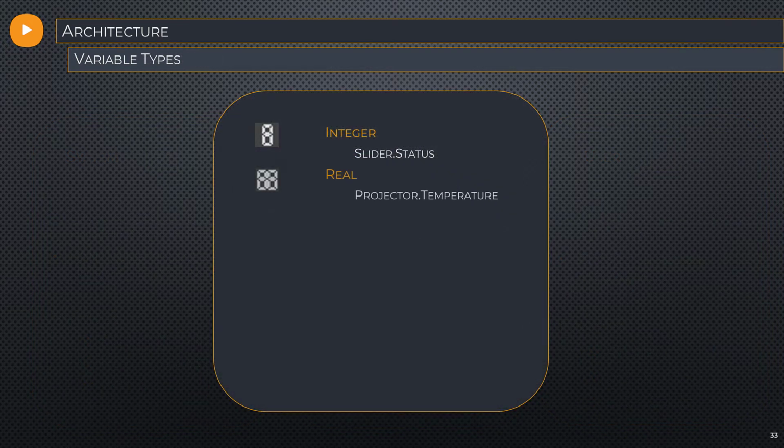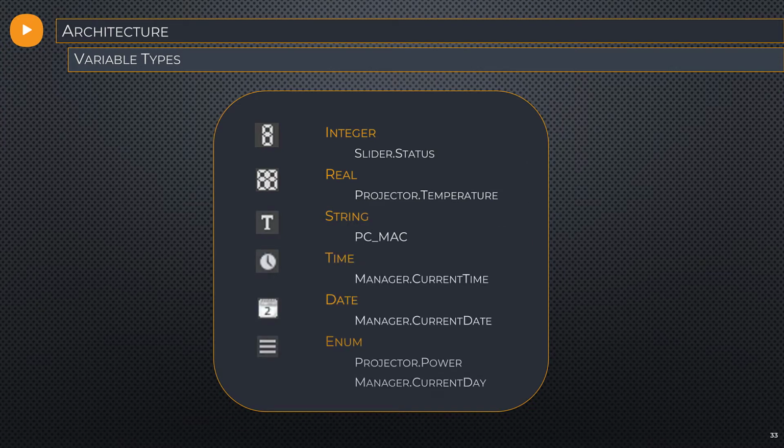The 6 types of variables are integer or whole number, real or decimal, string, time, date, and enum. Enum type variables are 2 parts, one sequential numerical part and a text part. Either part can be used in programming.